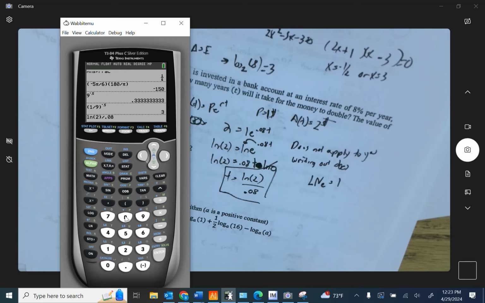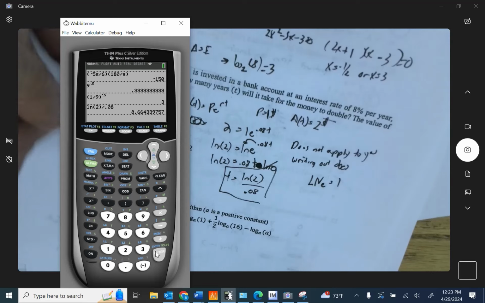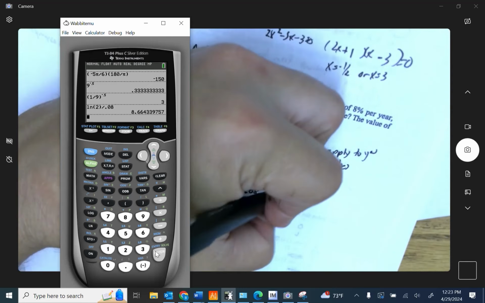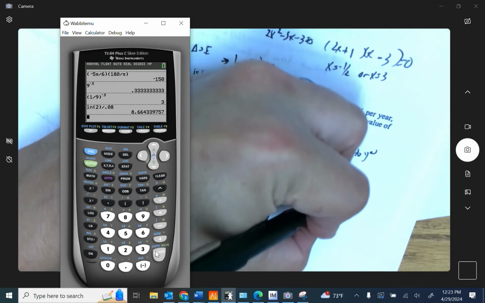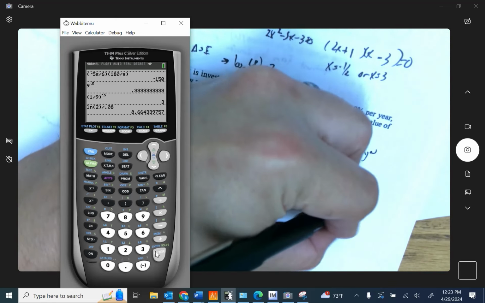It's probably like 0.8, 0.8 divided by 0.08. Yeah, I'm thinking it's probably choice D. Oh, I was wrong. It's choice C. Anyways, know how to do that. You won't have a calculator to push buttons on, so know how to write.